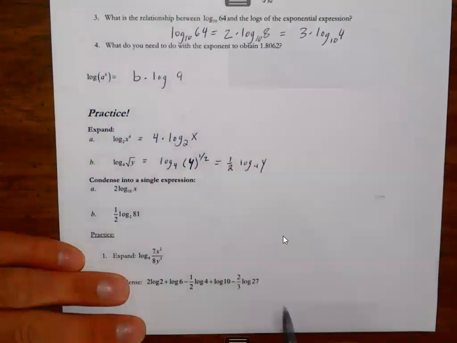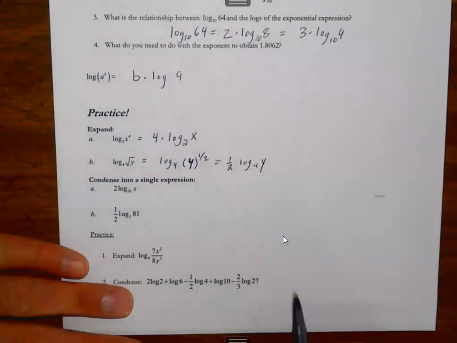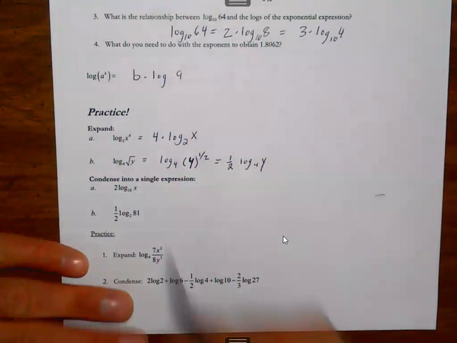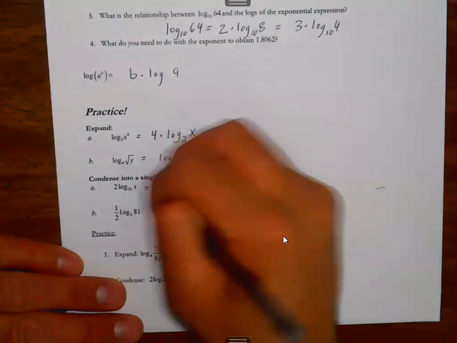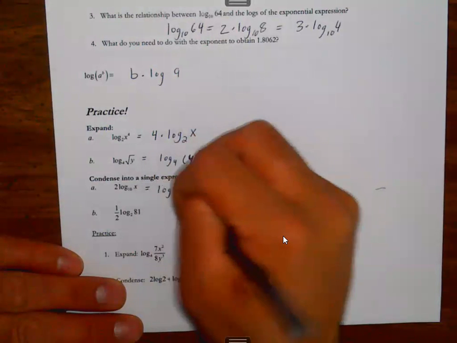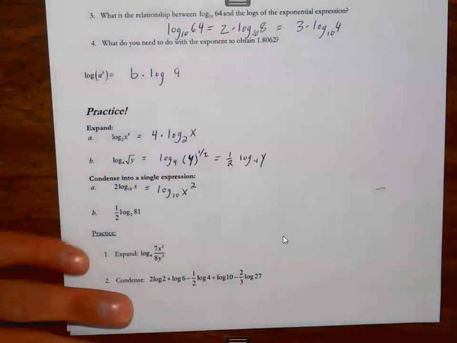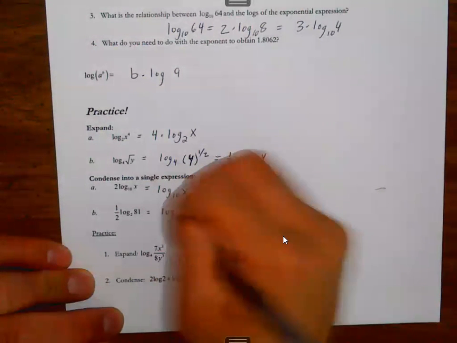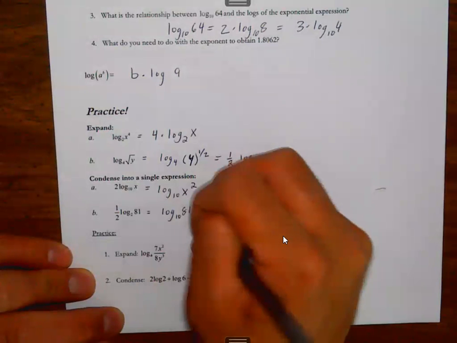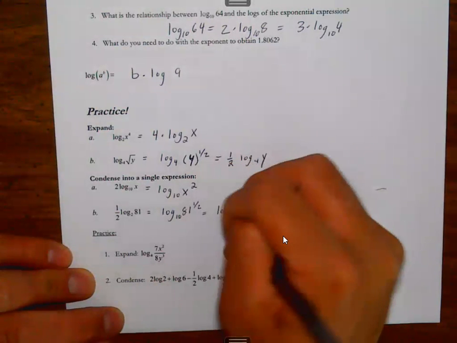So you get the log of y base 4. And the same thing works the other way. If you have a scale factor out in front of a log, you could bring it as an exponent inside the log. So a log of x squared base 10. Same thing here, you can make that 1/2 an exponent. So it becomes the log of 9 base 10.